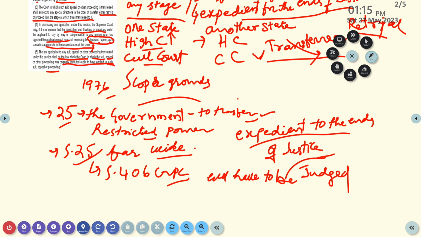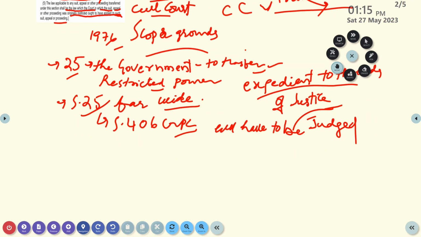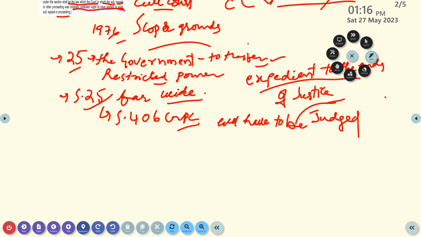Now come to some of the normal grounds on which the Supreme Court can exercise this power. That means these are the practice of the Supreme Court on grounds, on which grounds it is exercising its power.